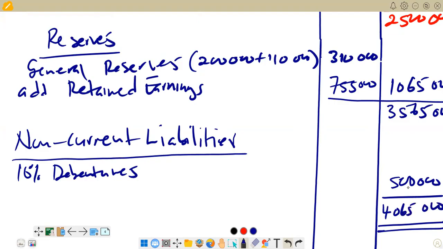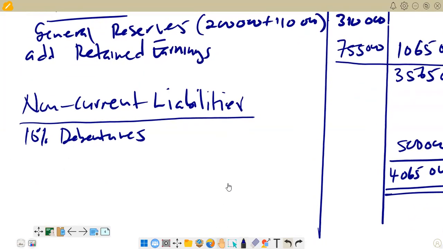So this becomes our total, our second balancing figure in the balance sheet. If we had a full balance sheet, that was going to be our second balancing figure.